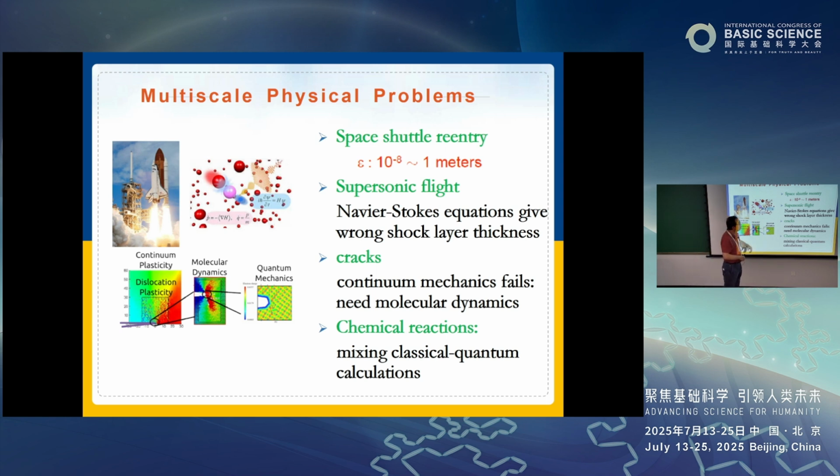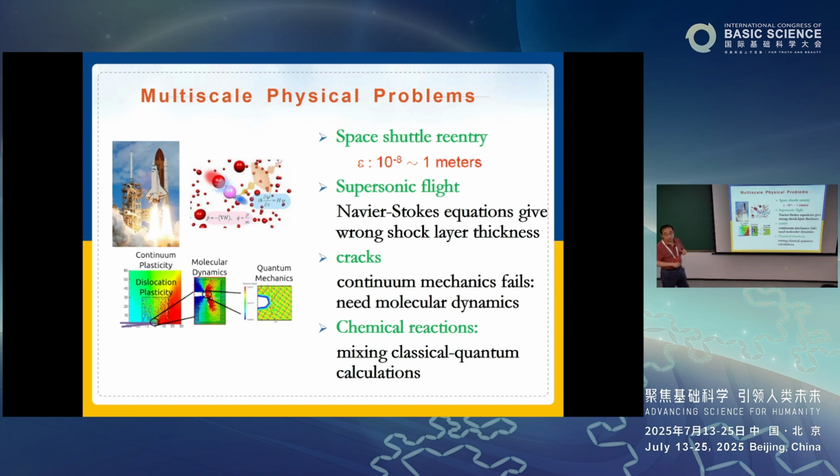Also in supersonic flight, when the flight travels usually with a Mach number bigger than 1.4, if you simulate the Navier-Stokes equations, you will find that the shock length becomes inaccurate compared with, for example, simulation based on the Boltzmann equation. And if you want to model cracks, away from the cracks you can use continuum mechanics, continuum relations.